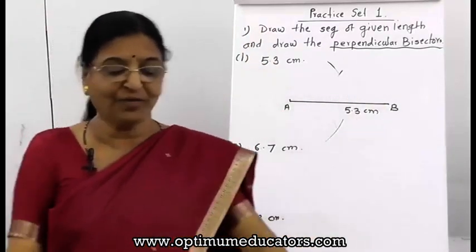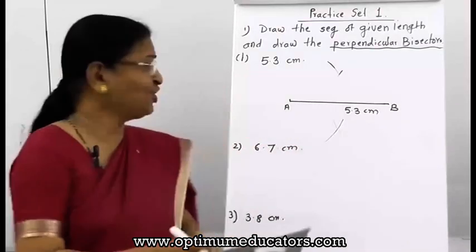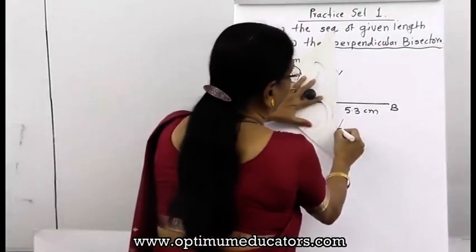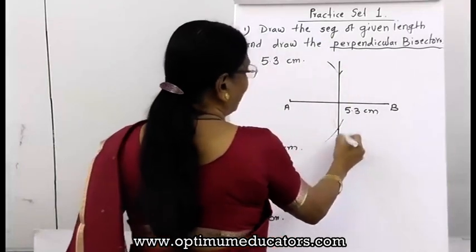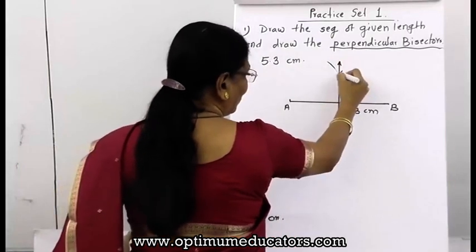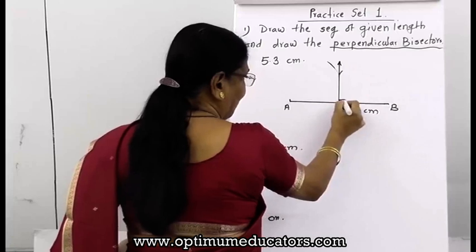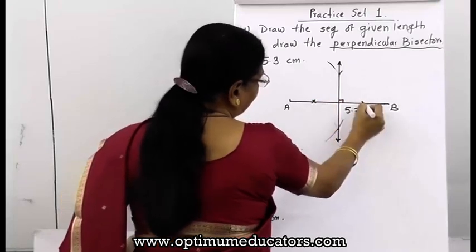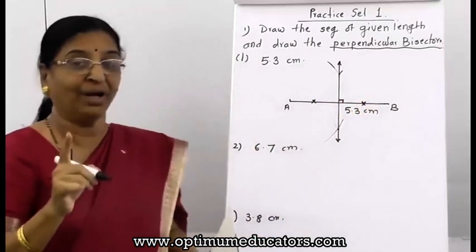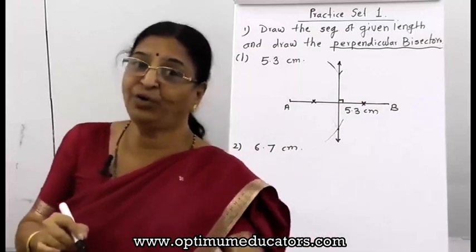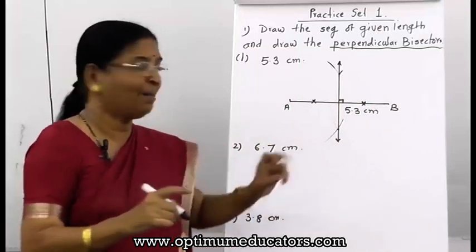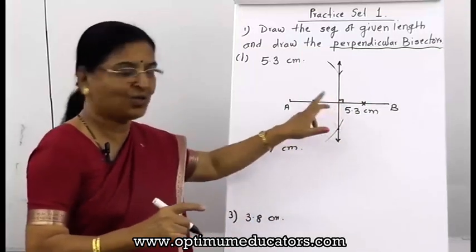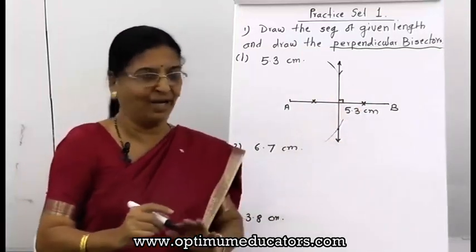The two points of intersection I got, I can join them, and see here I got a perpendicular bisector of the given segment. Okay, so these are the perpendicular and bisector signs. You have to remember, every time you have to show these two signs. It shows that you are particular about this angle and also about these segments.